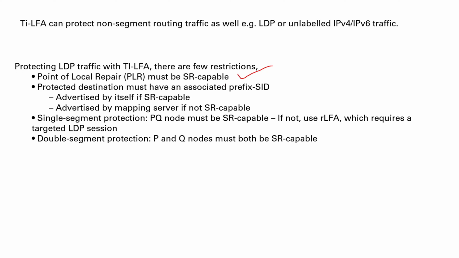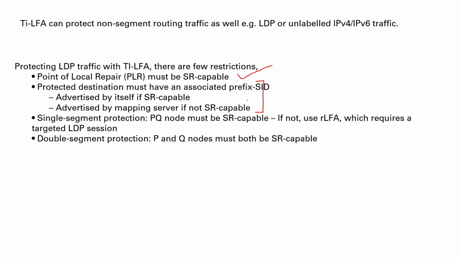The PLR router, which is providing protection, should be an SR capable device. And the destination, which is in the LDP domain, should have the prefix-sid available in the segment routing domain. For unlabeled IPv4 or IPv6, we don't need any prefix-sid for that one because anyhow it is unlabeled.